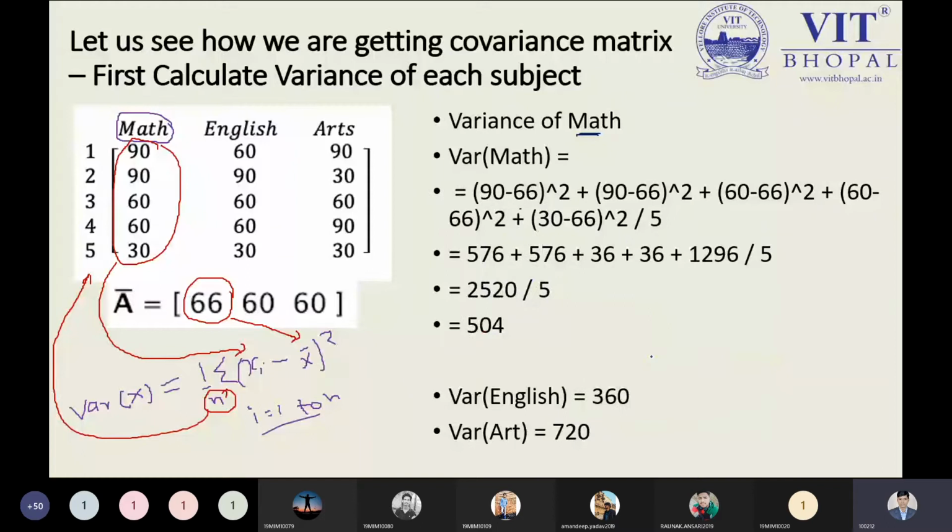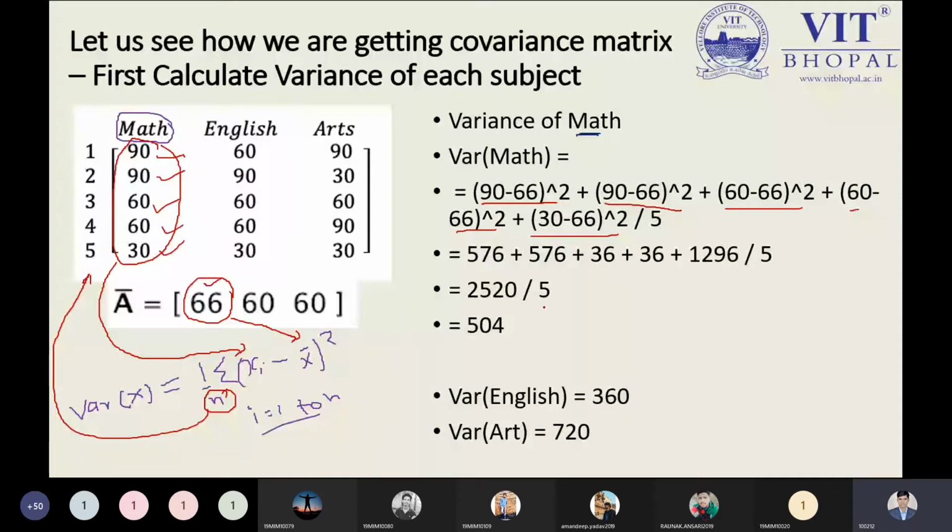Listen: 90 minus 66 square, 90 minus 66 square, 90 minus 66 square, 60 minus 66 square, 60 minus 66 square, and 60 minus 56 square. You can check it. And last, 30 minus 56 square. We will get this value and divide by 5. 5 is what? n.